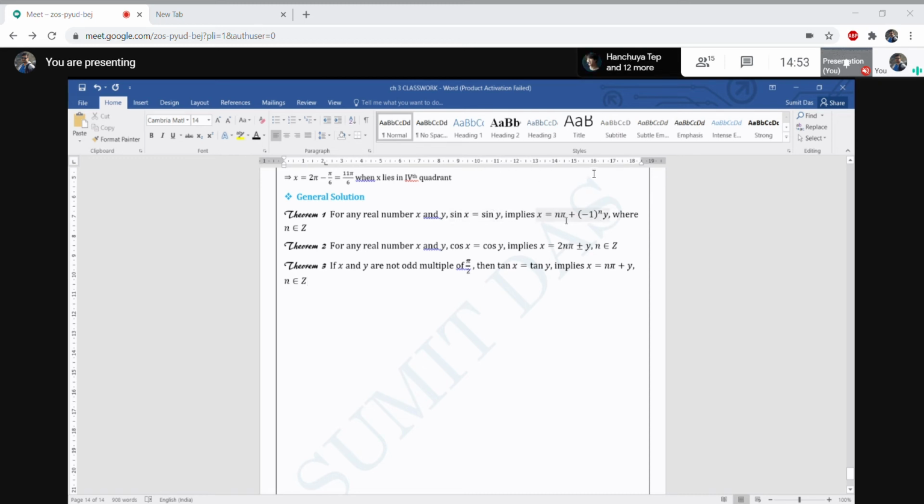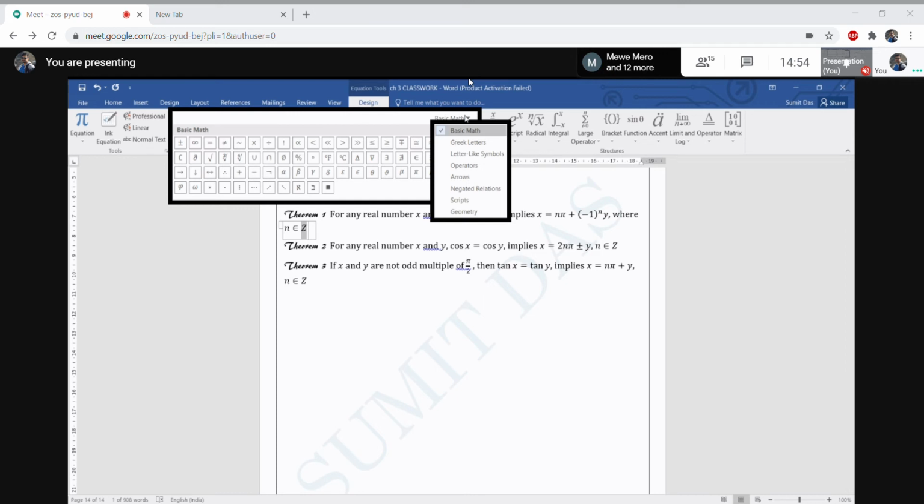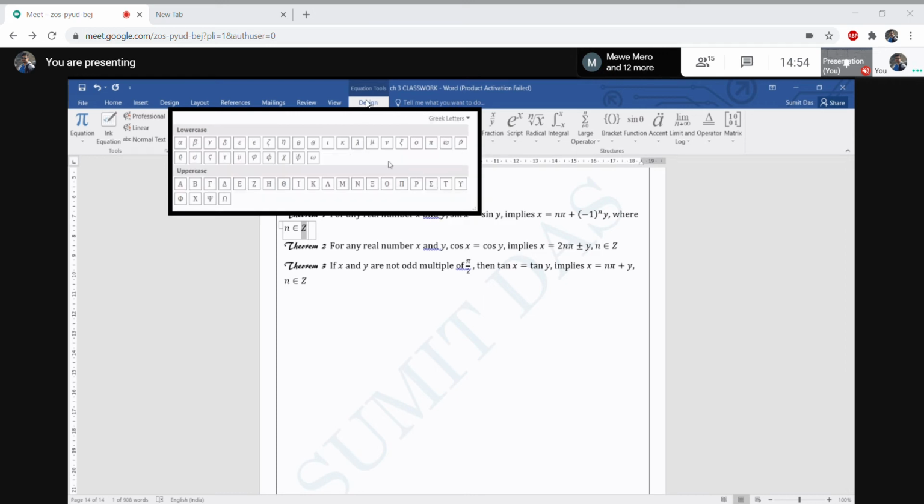Whatever the value of n, we have to write like that. And I hope all of you know that Z means the set of integers, denoted by Z.